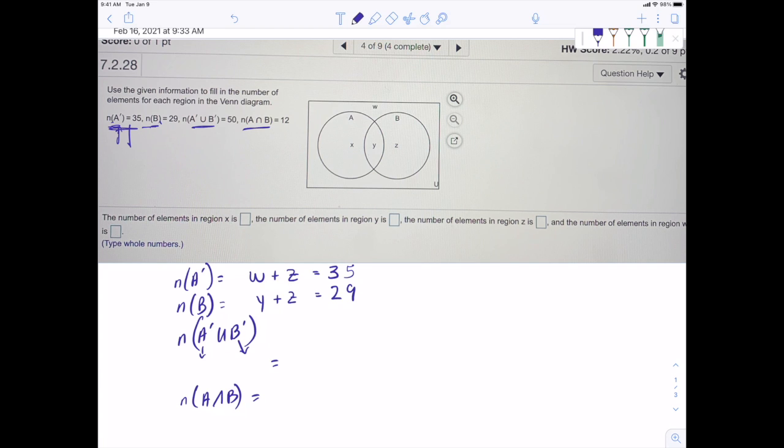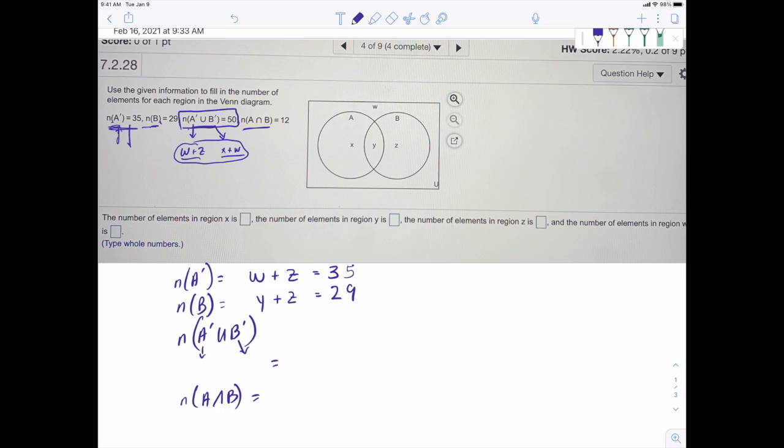Now this gets a little bit confusing, so we have to break this next one down a little bit. The things that are not in A, again, we know that's W plus Z. And the things that are not in B are X and W. So the union of this and this is everything that's in both of them.